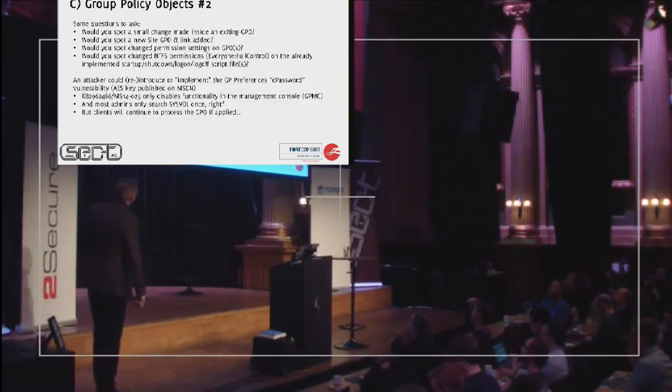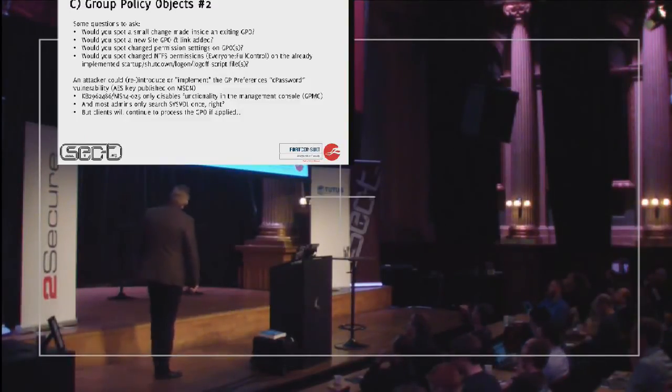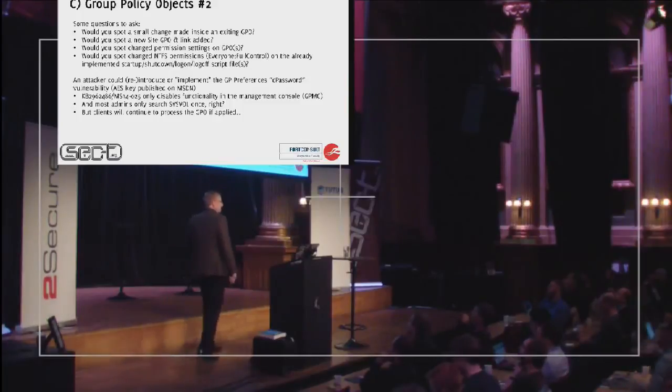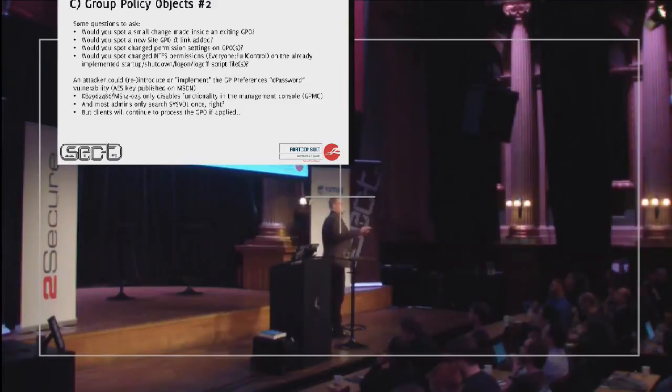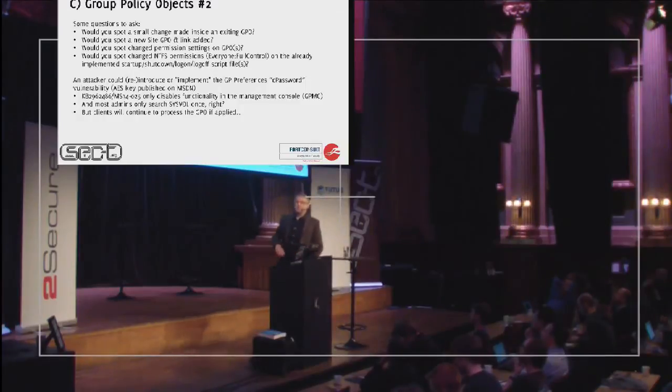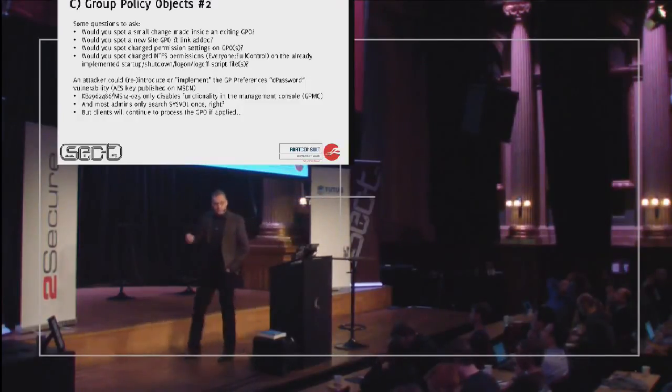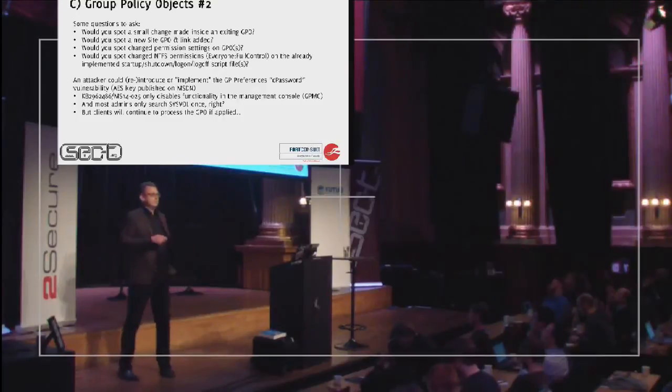So once this was public, Microsoft released something that blocks the UI, the group policy management console, so you cannot introduce new passwords for local administrators like this. But we could introduce it anyway by just dropping some XML files out there in the sysvol, for instance.